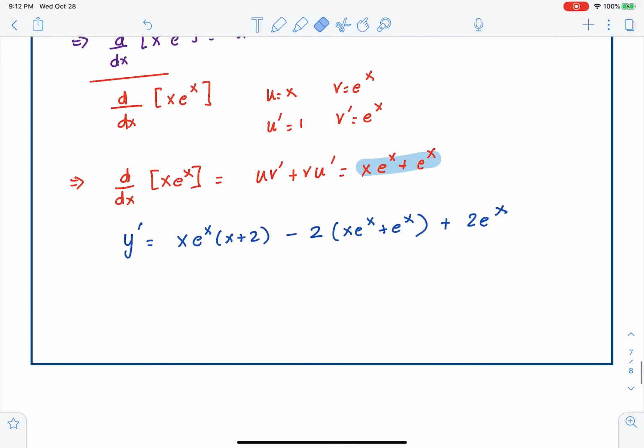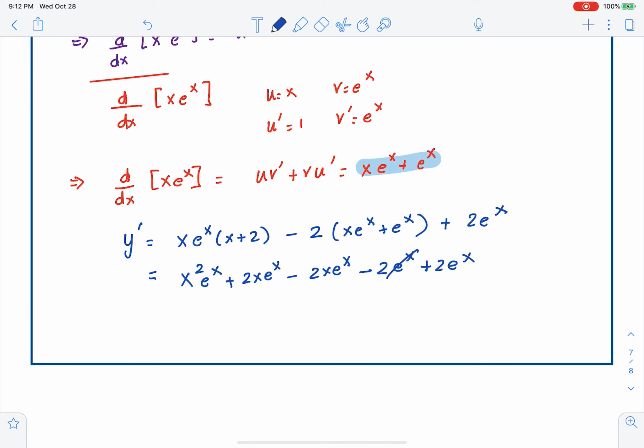So we would end up having x squared e raised x plus 2x e raised x minus 2x e raised x minus 2 e raised x plus 2 e raised x. Those two would go away, those two would go away. So the first derivative is simply x squared e raised x.